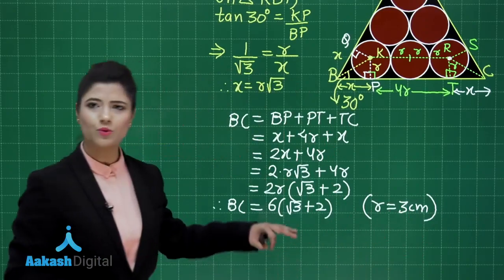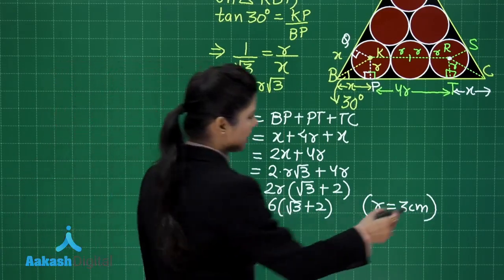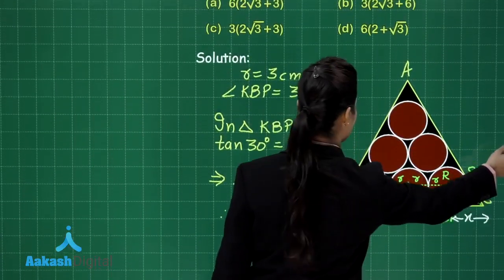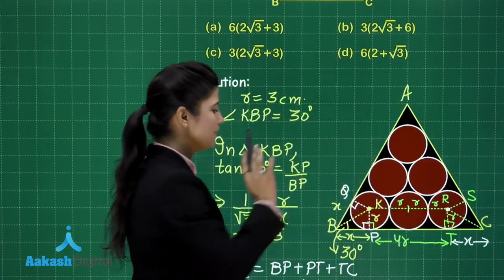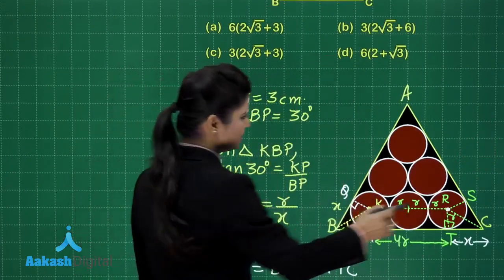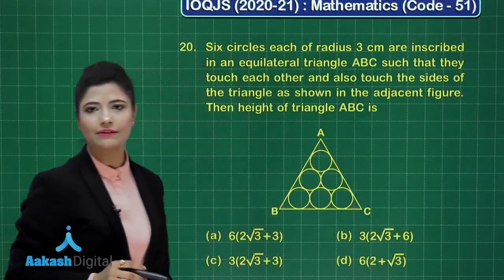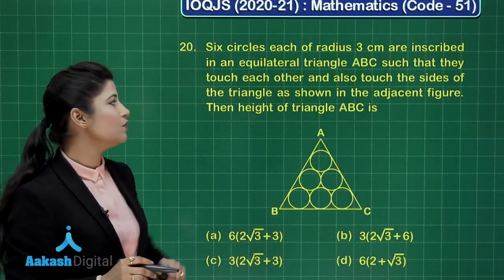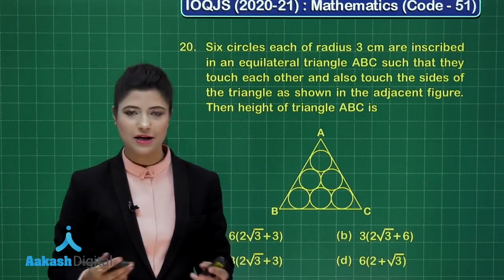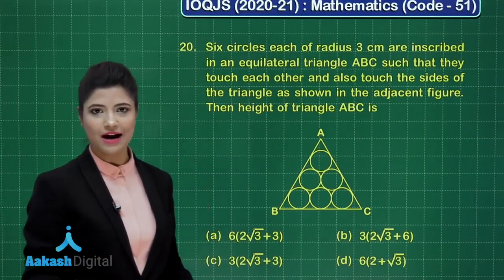Now guys, here I am totally aware with the side of the equilateral triangle. Here the side of this equilateral triangle is clear. That is 6 into root 3 plus 2. But in this question, when you observe, we don't need to obtain side of this equilateral triangle. We need here height of triangle ABC. Height means altitude of equilateral triangle ABC, right?